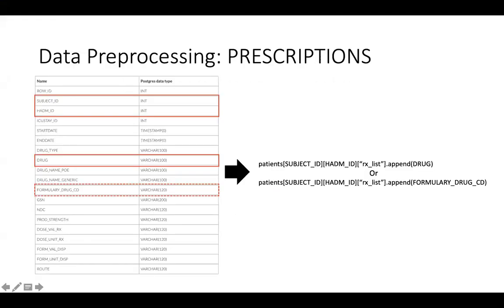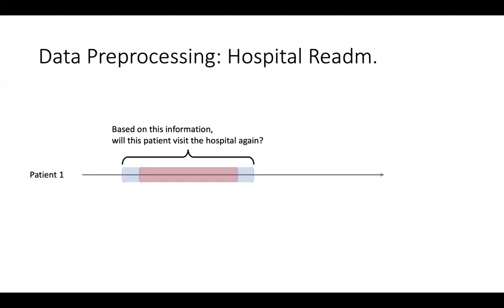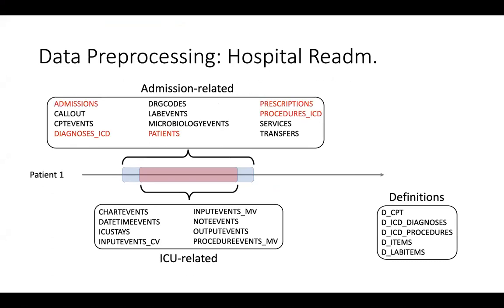So the last time we actually looked at the hospital readmission prediction and how we would extract information from the tables. So 5 tables.